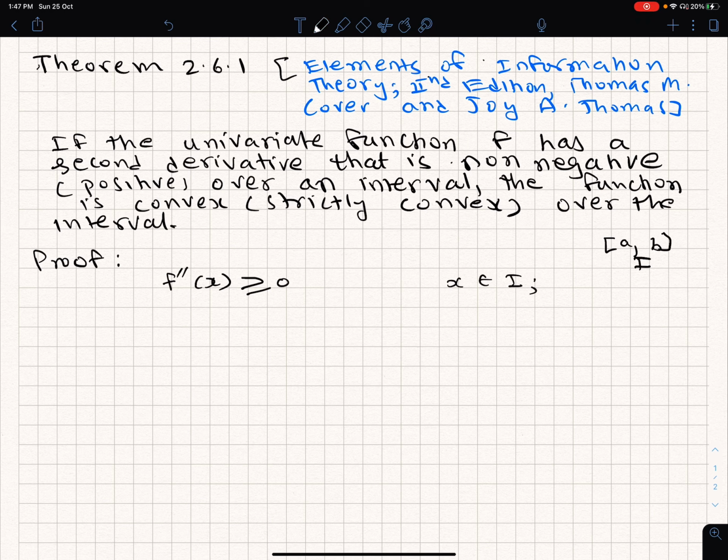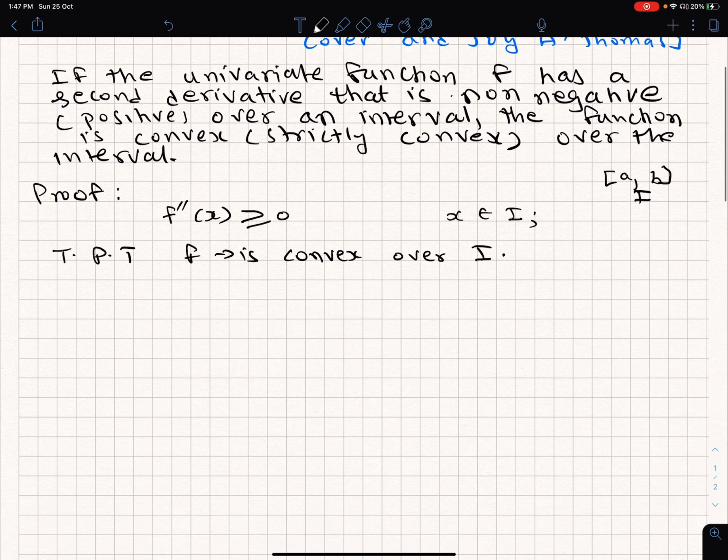So to prove that f is convex over I, this is what we want to prove.